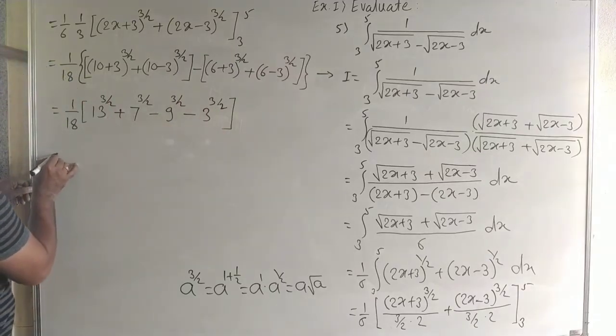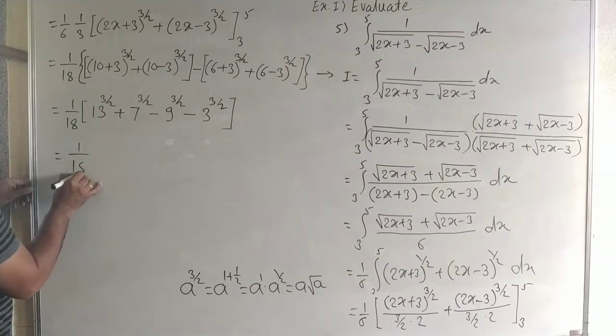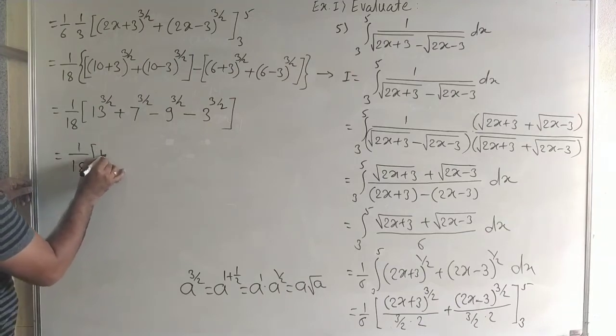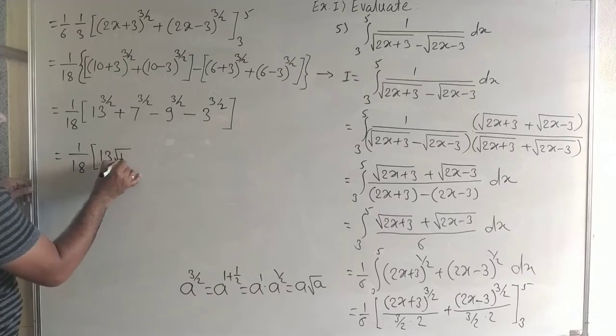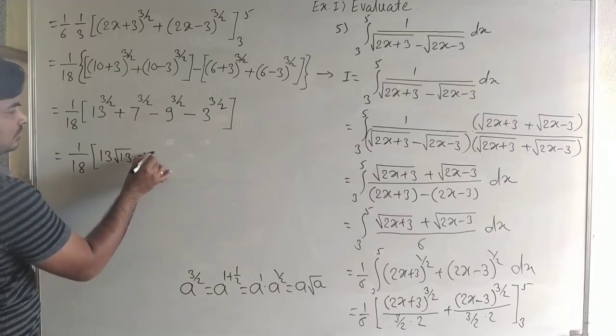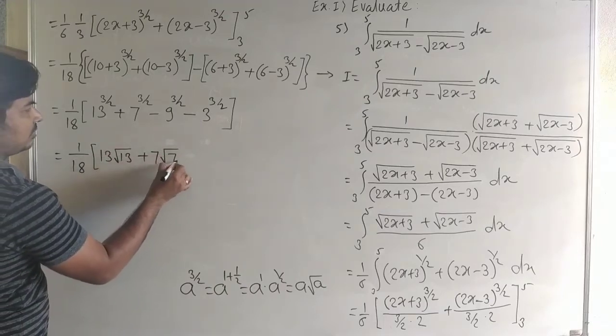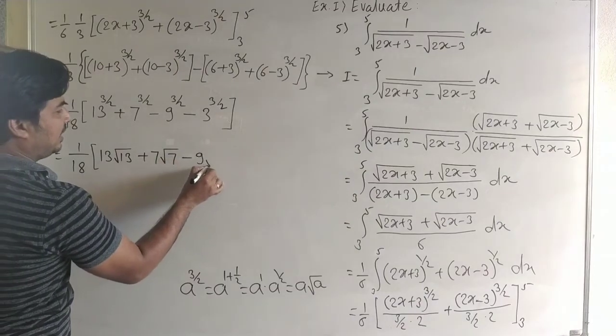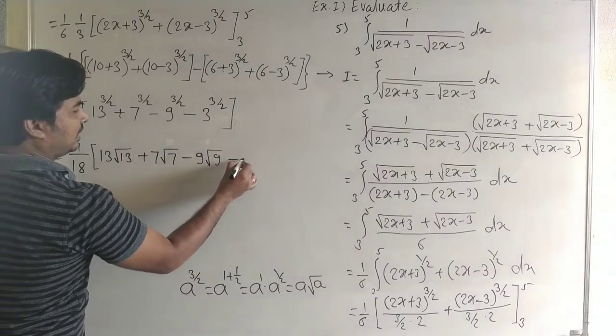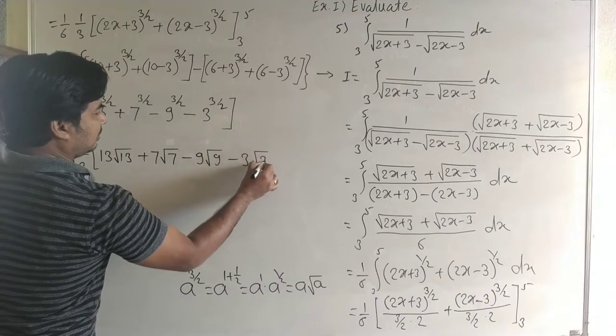Okay, now we can write only the calculations. 1 by 18, 13 under root 13 plus 7 under root 7 minus 9 under root 9 minus 3 under root 3.